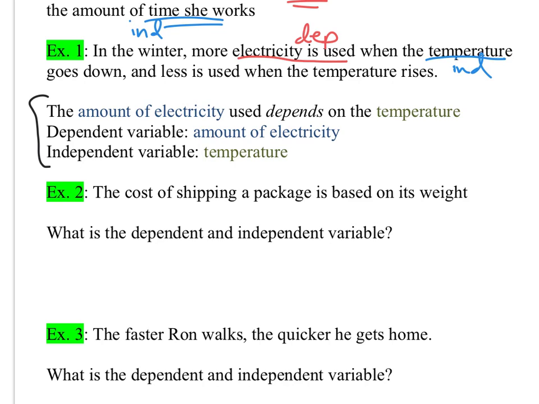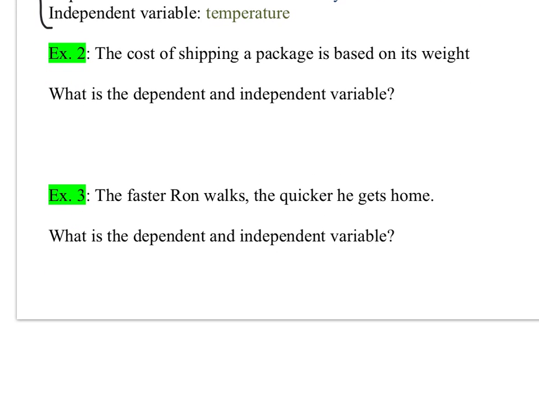Example 2. You determined this on your own, so stop the video, ask yourself what drives what. You've got the cost of shipping a package is based on its weight, so you're comparing cost of shipping and weight. So stop the video and figure out which is dependent and which is independent.